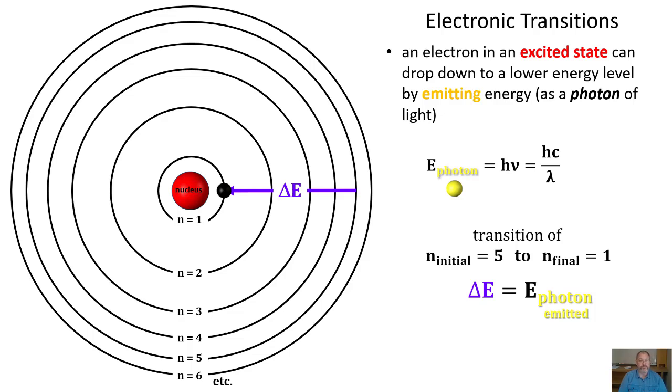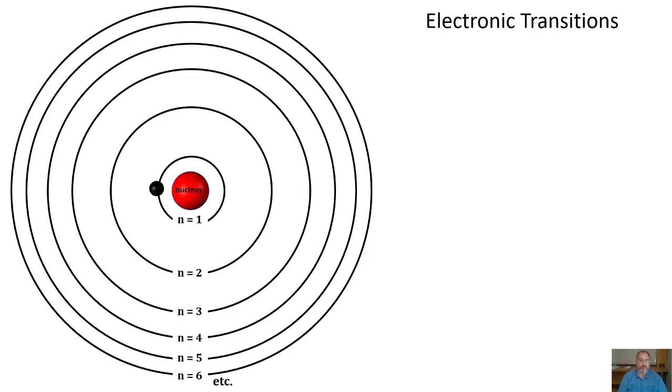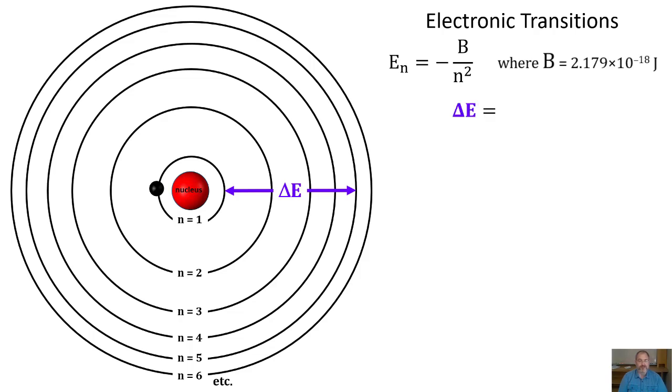So now what we can do is, if you recall, we were able to figure out the energy of an electron when it's in a given energy level. However, we can also now use this relationship to derive an expression that allows us to calculate the change in energy between any two energy states. And this delta E, this change in energy, is given by the following expression, negative B times 1 over nf squared minus 1 over ni squared.